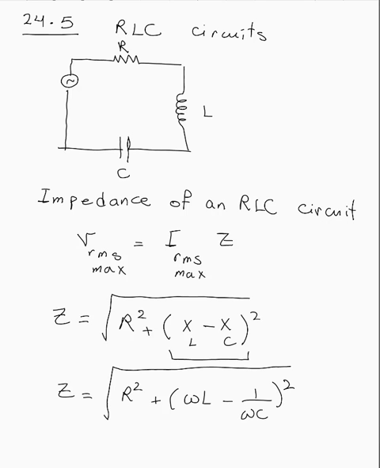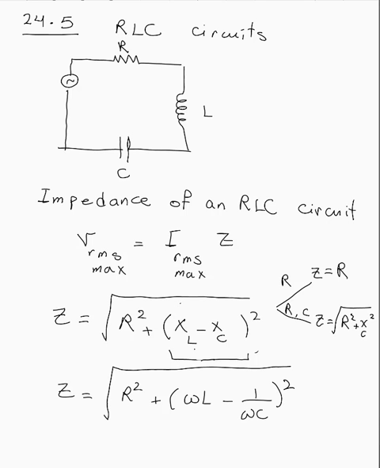So if only R is here, then, because XL and XC will be 0, Z is going to be R. If I only have R and C, then there is no need to have XL here, so this becomes 0, and negative XC to the power of 2 is XC squared, so Z becomes the square root of R squared plus XC squared.